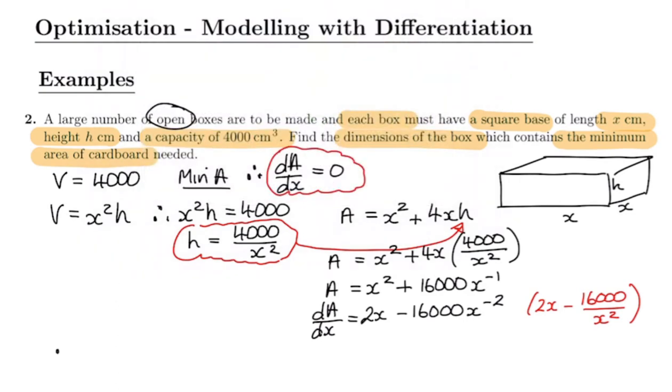So therefore 2x minus 16,000 over x squared equals 0. Cross multiply by x squared, therefore you get 2x cubed minus 16,000 equals 0.